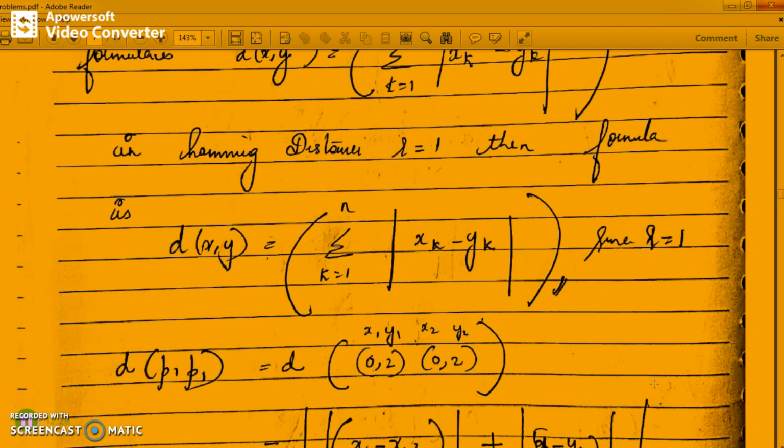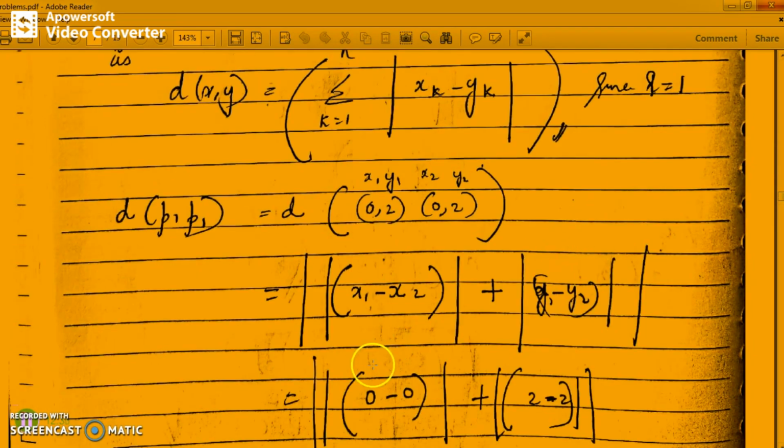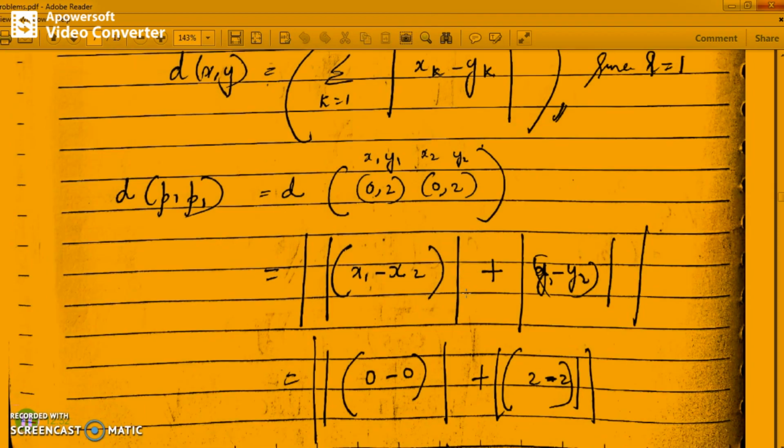This is the way that we do it. The two points over here are P1 to itself. So x1 minus x2 plus y1 minus y2. The only difference is here you don't have to take the square as well as the square root of the sum.